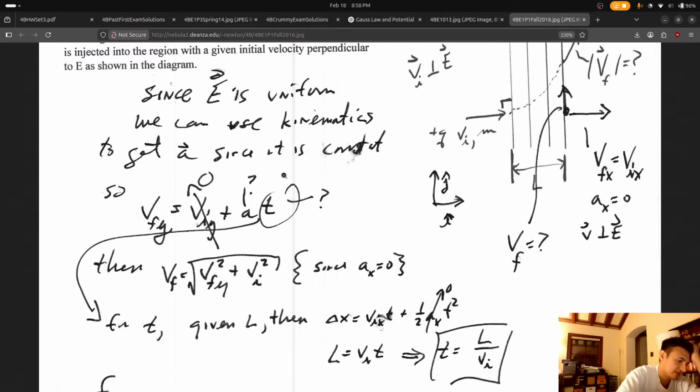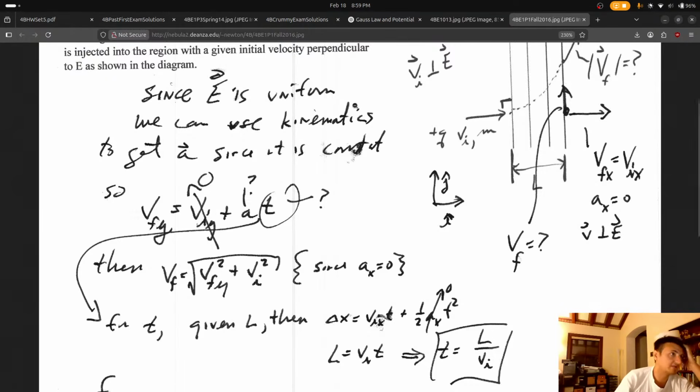So that means V_f is equal to the norm of, okay, fine, the square root of V_fy squared plus V_i squared.